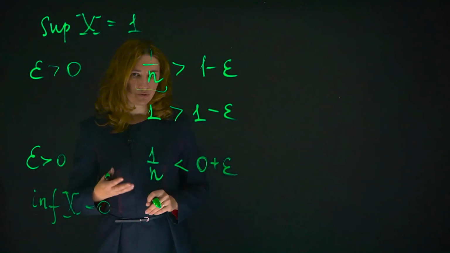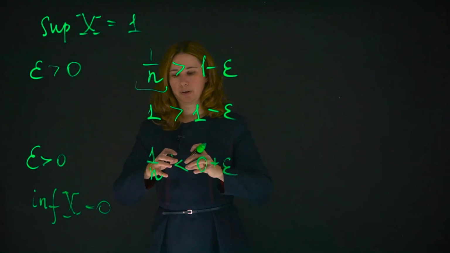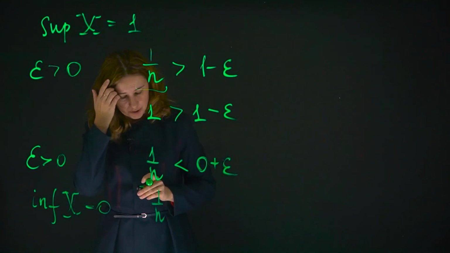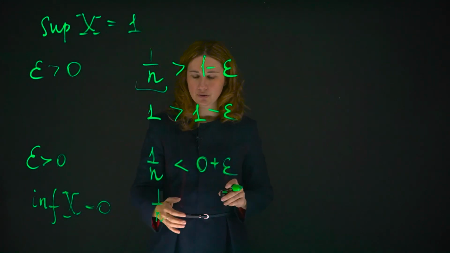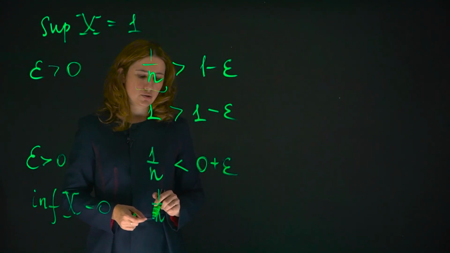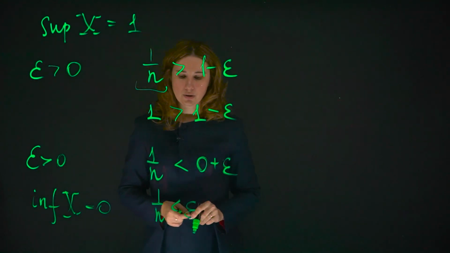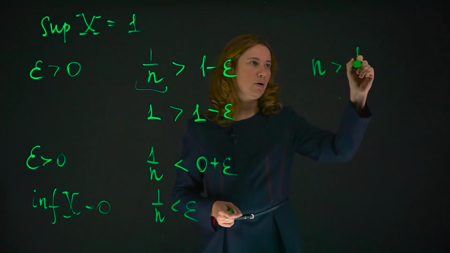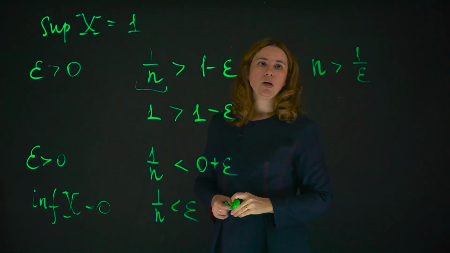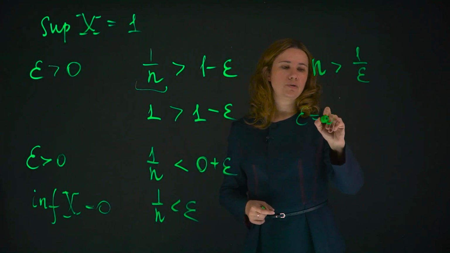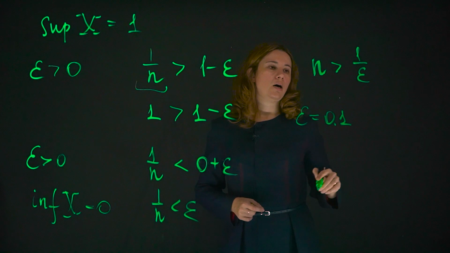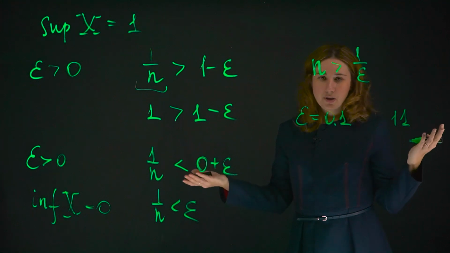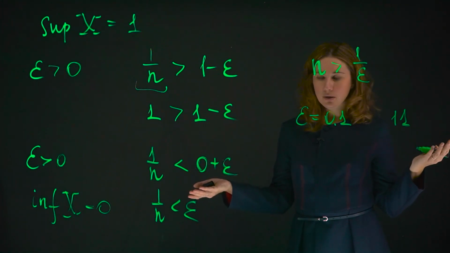Well, now let's try to find this element, let's identify this number n. For this reason, I'll flip over both sides of this inequality, and of course, in this situation, we need to change this sign. So we have n is greater than 1 over epsilon. For example, if epsilon is equal to 0.1, we can take 11 for such a number.